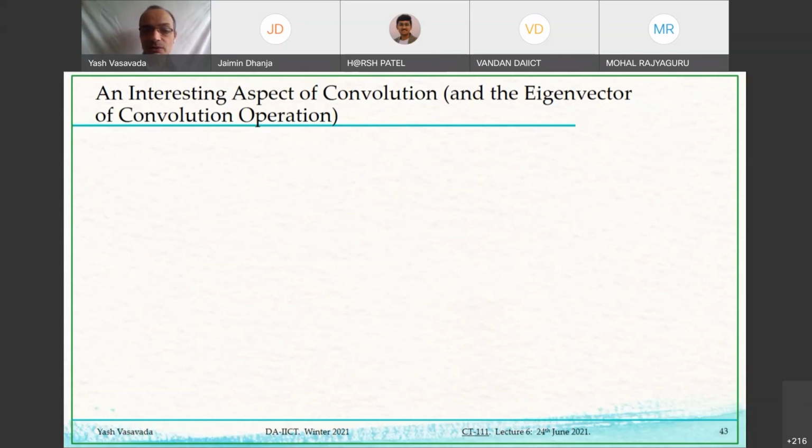So if the input is the sequence AB, the output will be maybe 0.5 times A and then 0.5 times B. So for a very specific type of input, the convolution doesn't mess up the input. It preserves the input, except that it scales it.